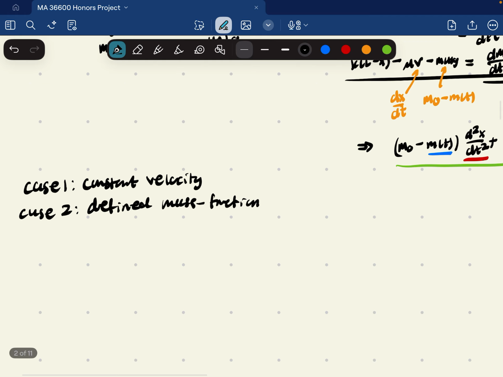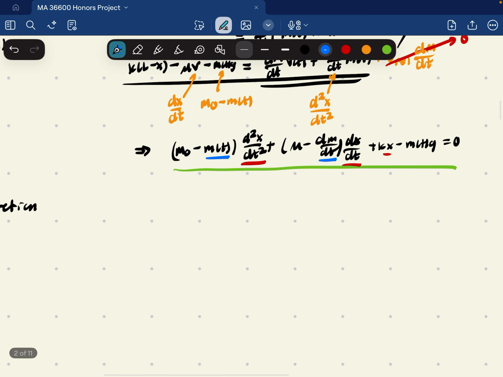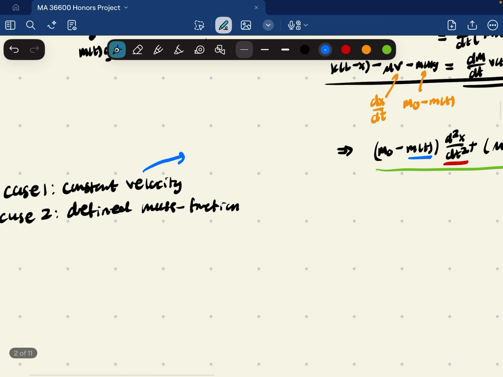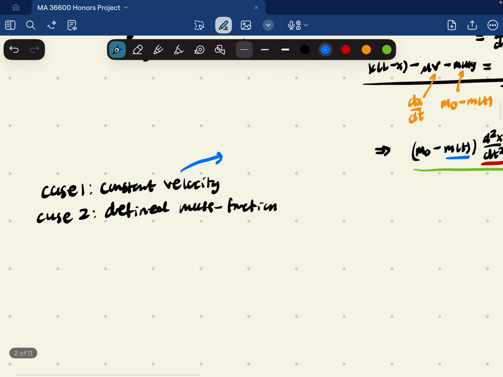So in one of these, I'm going to be given one of the functions and then solve for the other. That's the idea. So here I'm going to be given the position function, the velocity function, the acceleration function, and I'm going to solve for m of t. That's the goal for this one. And for the other one, I'm doing the opposite, right? I'm going to be given m, and I'm going to find x. That's kind of the idea.